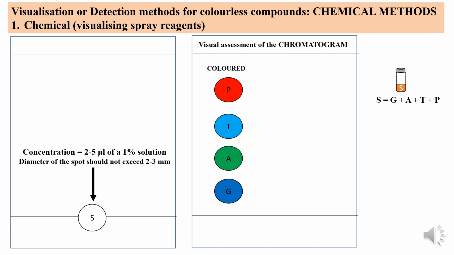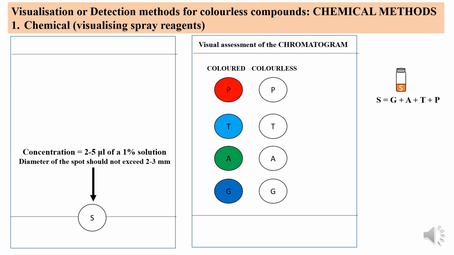The problem is when the components being separated are colorless, when they do not have any characteristic color of their own. And that is where the detection methods come into the picture.